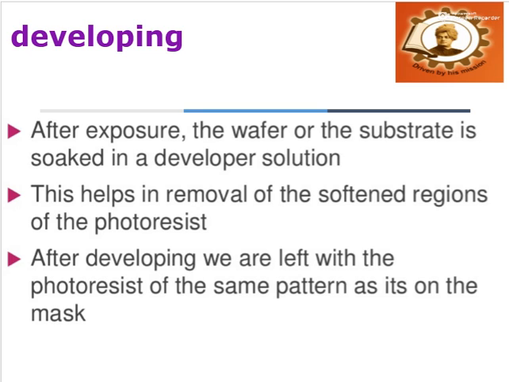After exposure to light or UV radiation, the wafer or substrate is soaked in a developer solution, and this helps in the removal of the softened region of the photoresist. After developing, we are left with some photoresist with the pattern as on the mask.